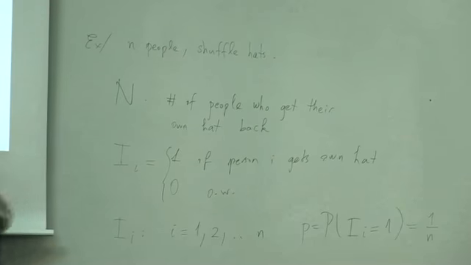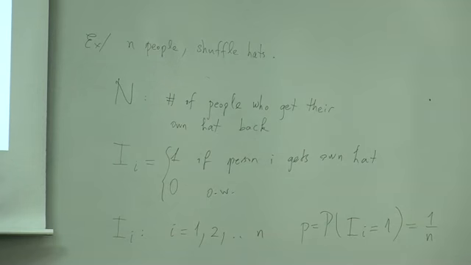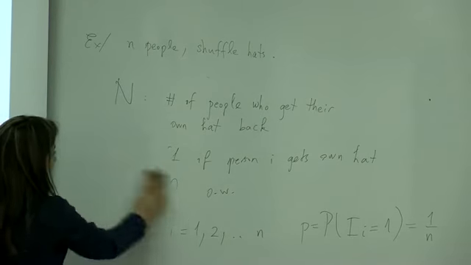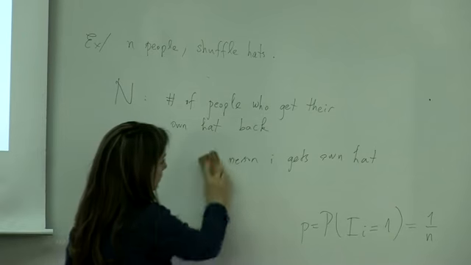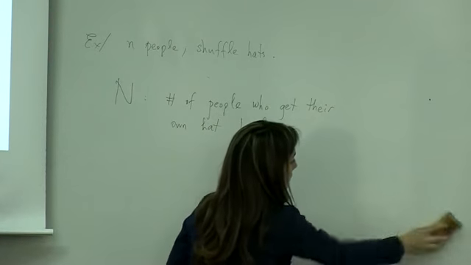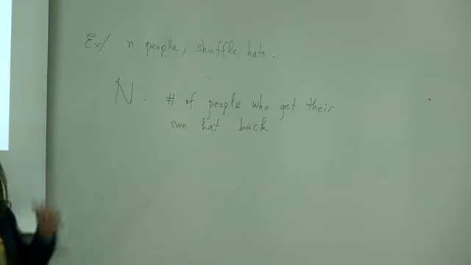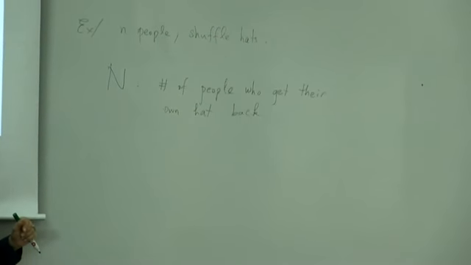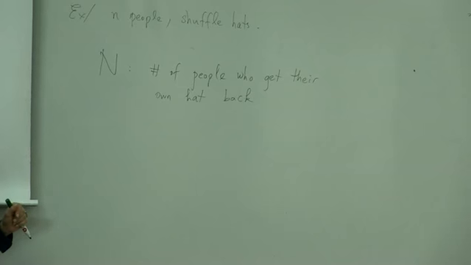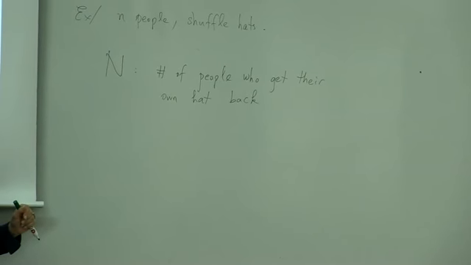Our problem is addressing the variance of N. We need to worry about the variance of N. Now, what does N have to do with the I_i's?